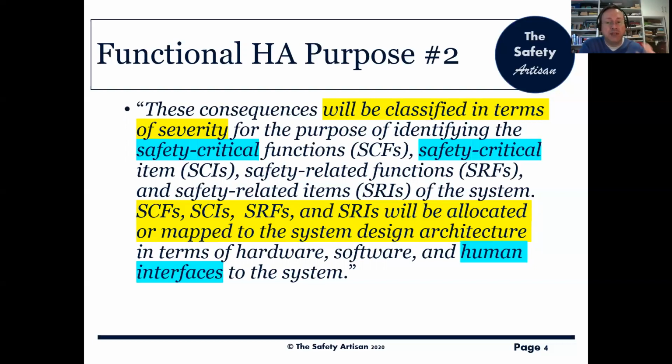Because those types of simple components that are only really subject to random failure, that's not what we're talking about here. We're talking about complex stuff where systematic failure dominates over random simple hardware failure. Okay, so that's the focus of this task. That's not explained in the standard, but that's what's going on.